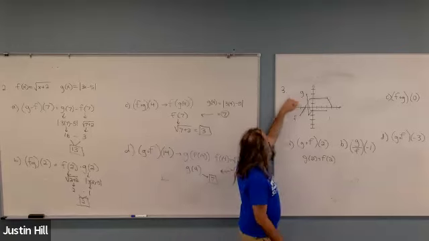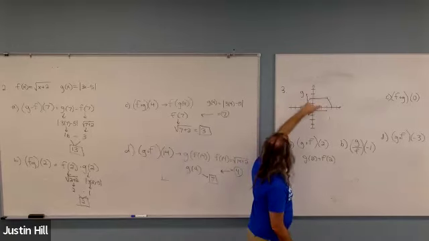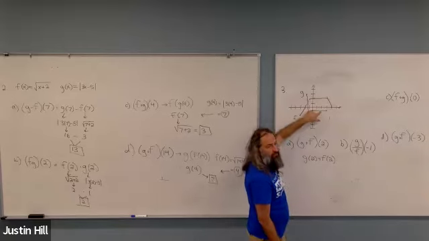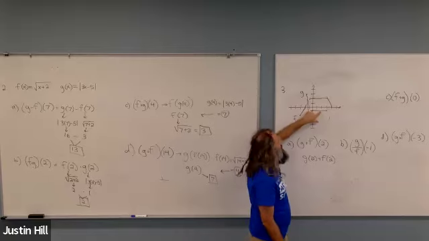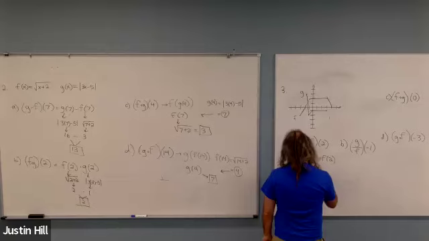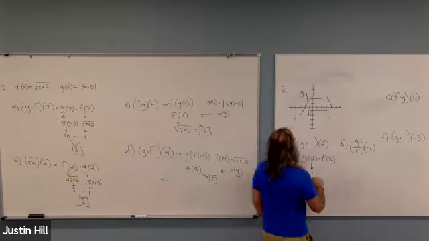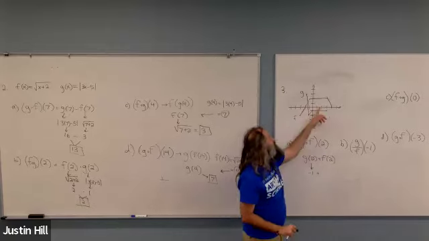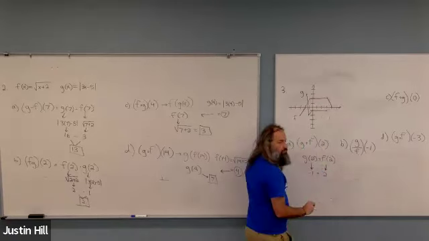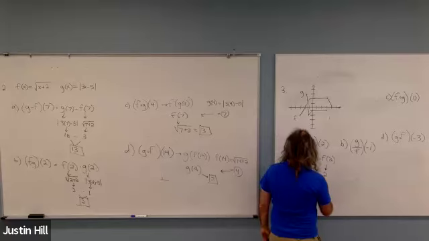Looking at G, this function at 2, you go down and the Y value is -1. This is that same thing you did that first week, just reading off the graph. So G of 2 is -1. What's F of 2? 2. What's -1 plus 2? 1. And you got it.